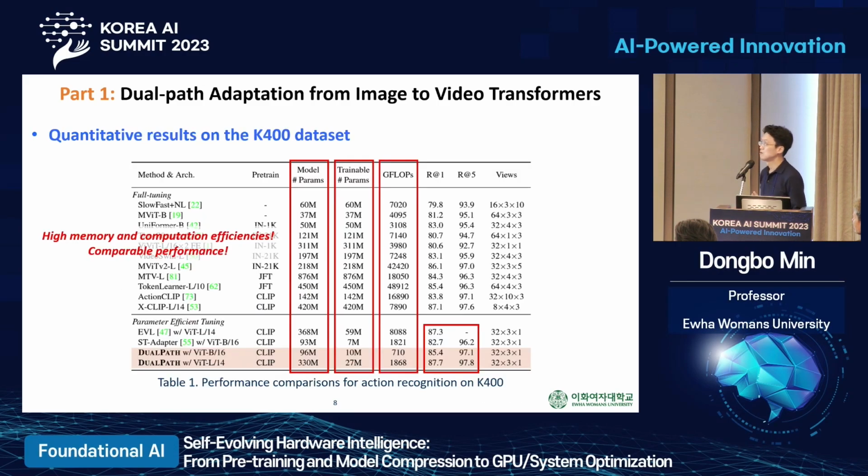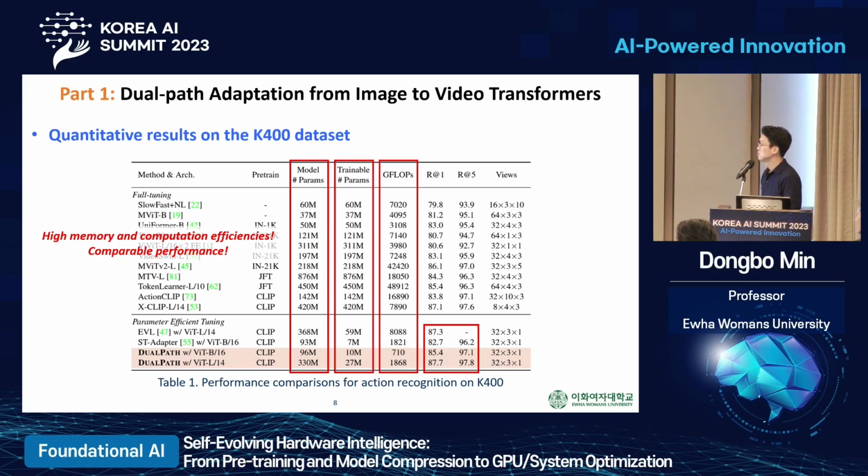So let me introduce the quality of the results from this paper. For instance, if you take a look at this one, this is a full fine-tuning technique, and their model parameter count is, for instance, 420 million, and the trainable parameter count is also the same, because they are doing full fine-tuning.